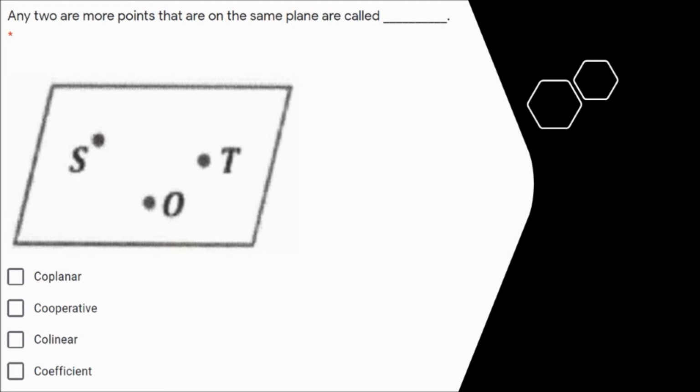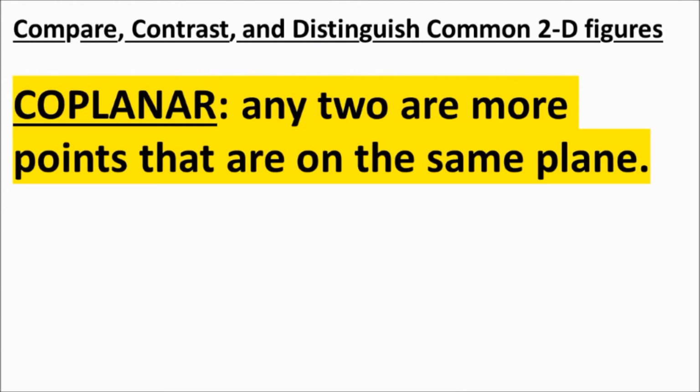Any 2 or more points that are on the same plane are said to be coplanar, cooperative, collinear, or coefficient? And let the students answer. Coplanar. Any 2 or more points that are on the same plane.